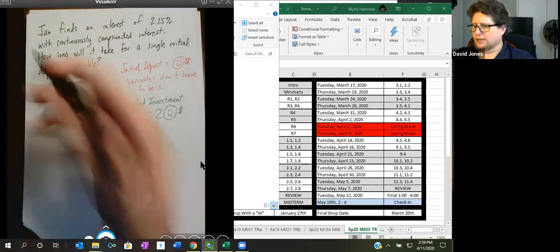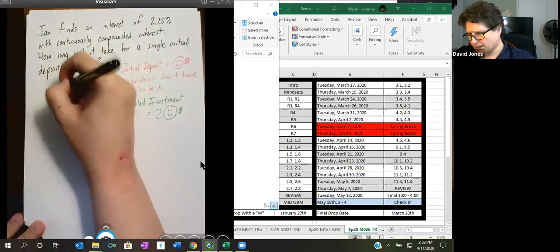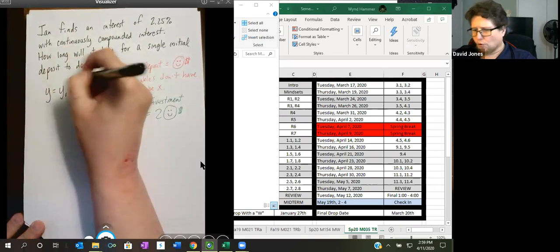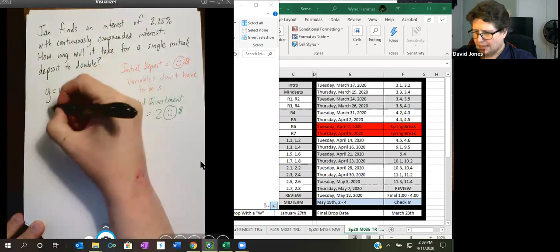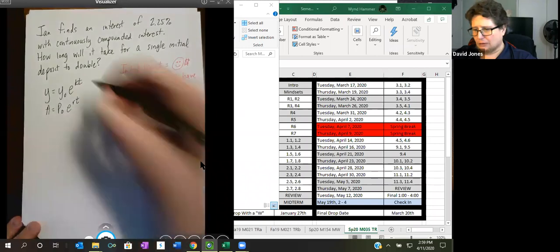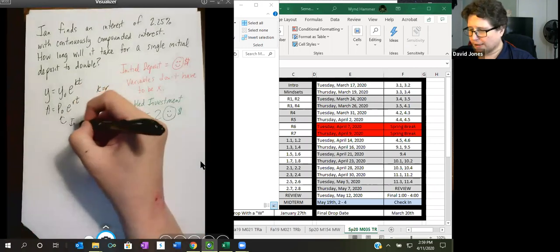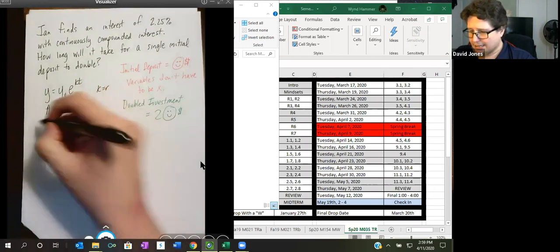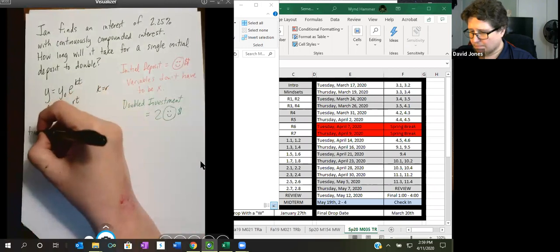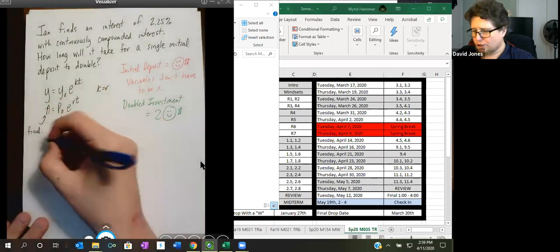So again, we start with y equals y naught e to the kt, or we also had A equals P naught e to the rt. K equals r. Both of these equations are the same. The zero subscript says initial part, and the left side is the final part, just like the Newton's law of cooling one. So in this problem, he ends with 2 smiley faces.